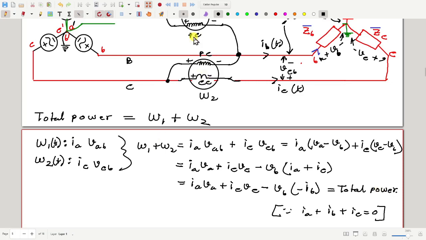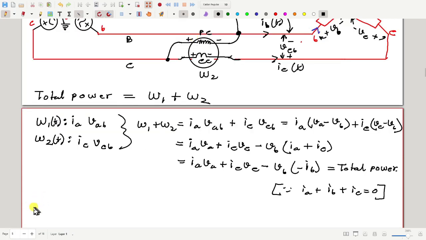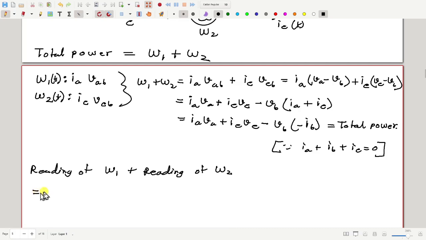However, these wattmeters will not give you instantaneous power. Wattmeters give average power over time. So we can also write the time average: the reading of wattmeter 1 plus the reading of wattmeter 2 will be basically the time average of W1 plus W2.